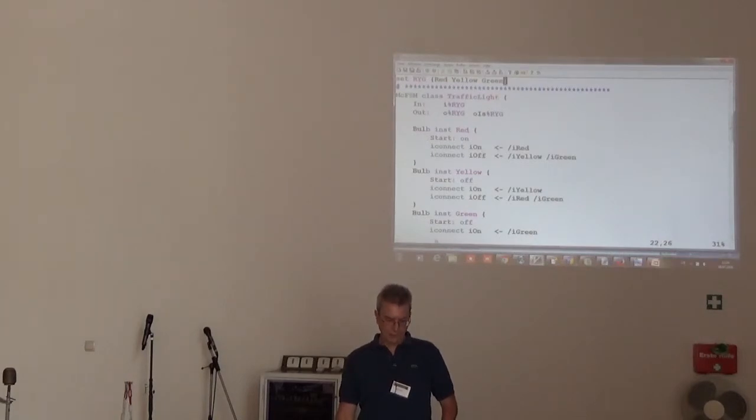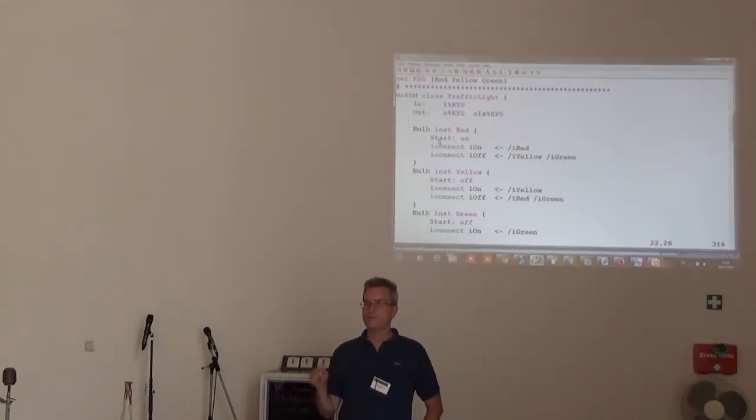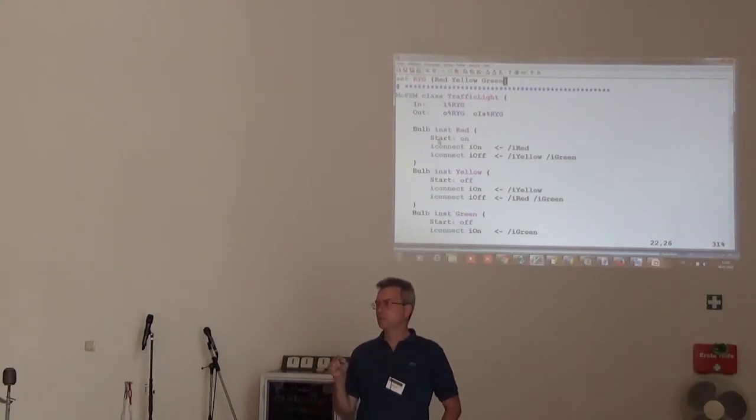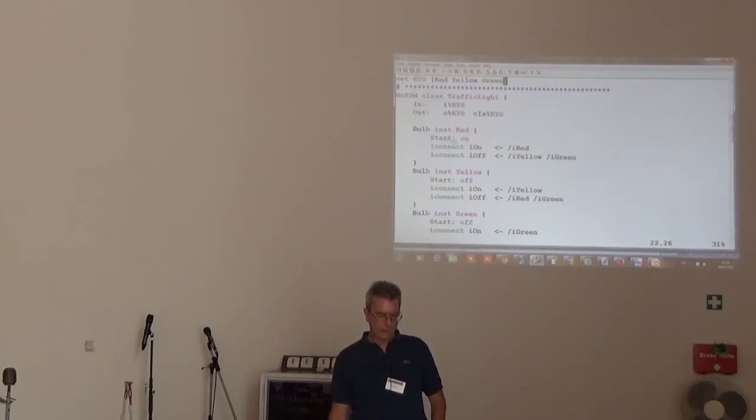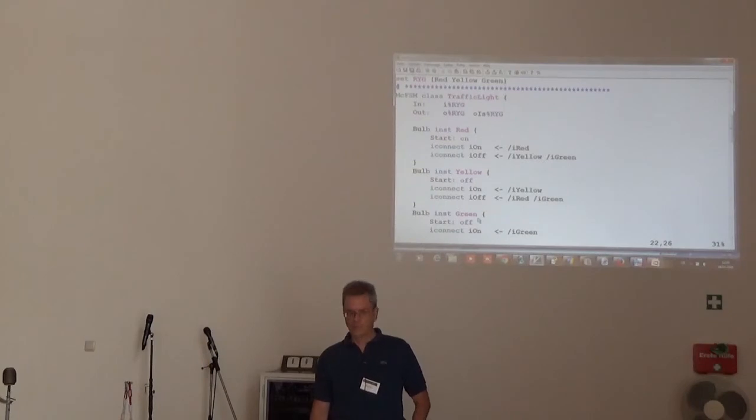I have a red, a yellow, and a green instance, and because I have instances, I have to specify in which state each instance starts. You see here, one starts in on, the others start in off state of the bulb. So when this McFSM starts, the red one is on and the other ones are off.